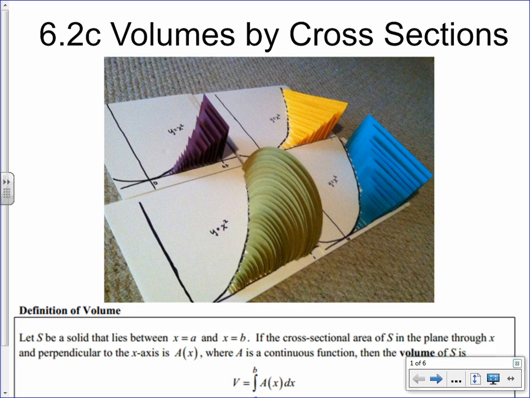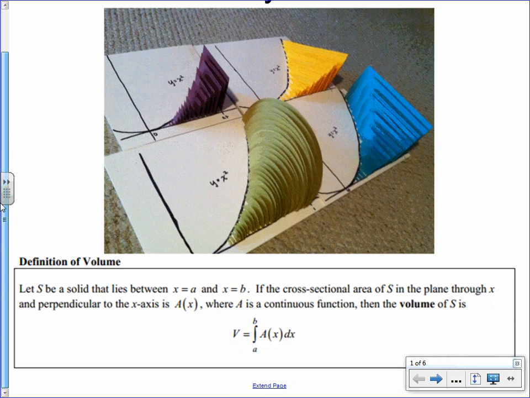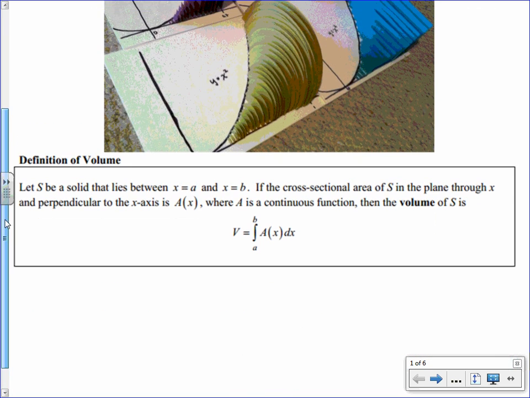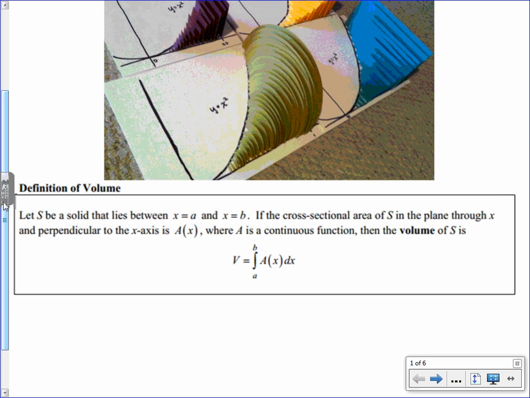It's like the little rectangles, but now it's 3D. So if we have cross-sectional area in a plane perpendicular to the x-axis, here's our cross-sectional area that we're going to sum up from A to B with thickness dx. We're adding up all of these infinitely thin cross-sections.